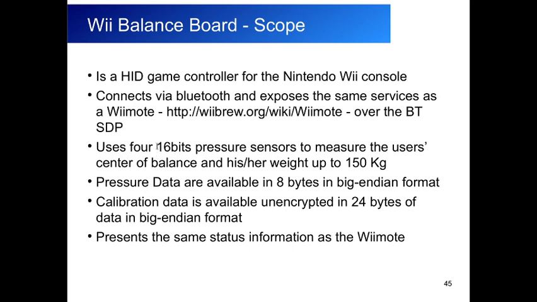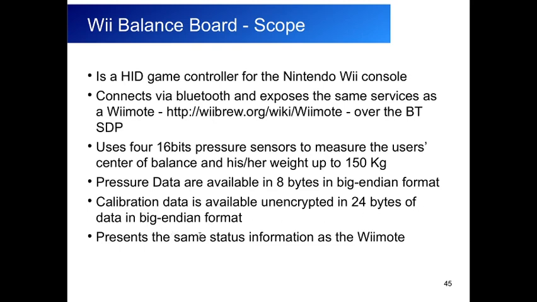It uses four 16-bit pressure sensors to measure the center of balance and the weight up to 150 kilograms. And we have pressure data in big endian format, and the calibration data is available unencrypted in 24 bytes of data.